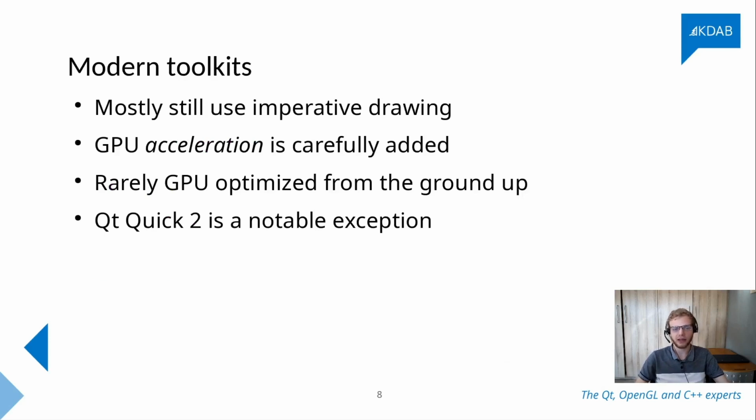So now the question is, how do modern frameworks work, now that we've discussed the traditional frameworks? And surprisingly, many of them actually still use imperative drawing. Or at least, I think the biggest example that I'm looking at right now for modern toolkits is probably Flutter. Flutter is becoming very popular right now, and I think it's very modern because it has only recently started.